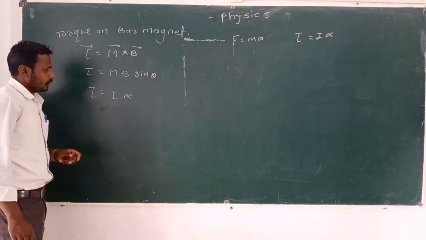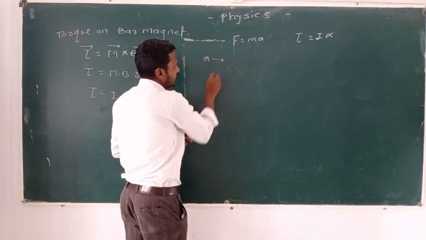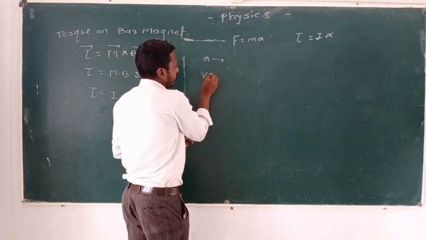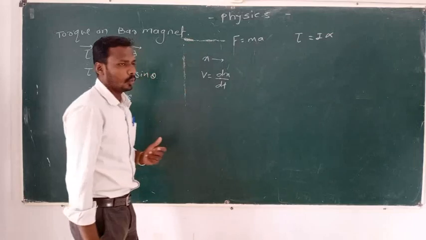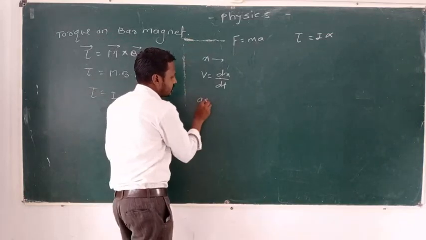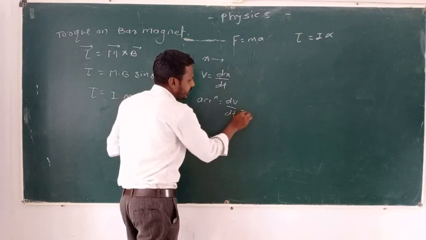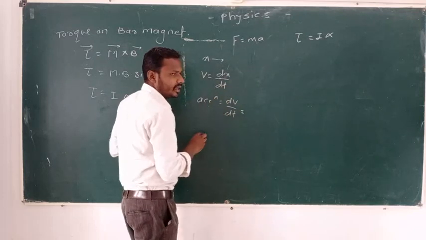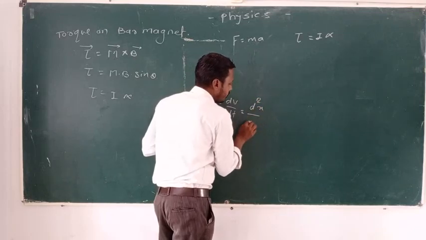Now we know that x means displacement, then v is equal to dx by dt, where v means velocity, and acceleration is equal to dv by dt. That is, I can write acceleration is equal to the double derivative of displacement.